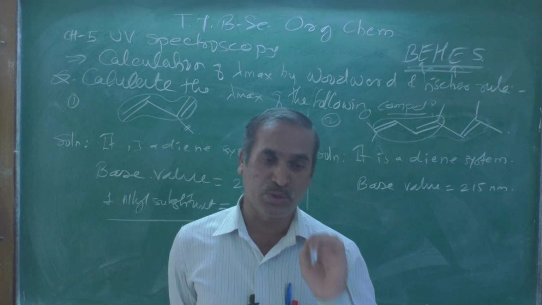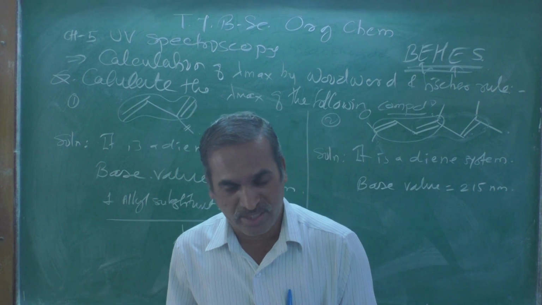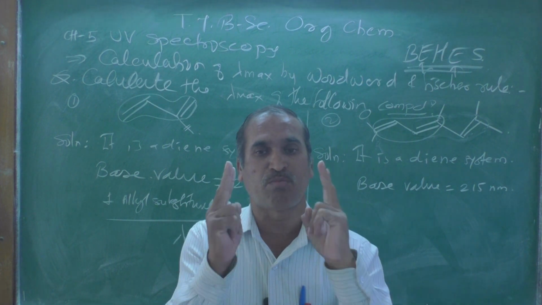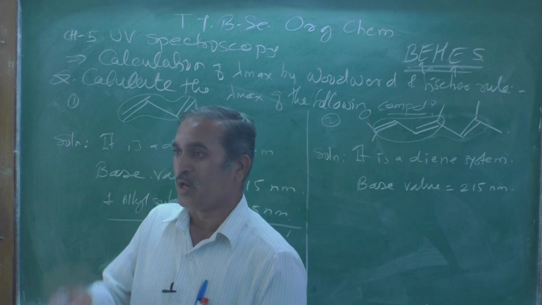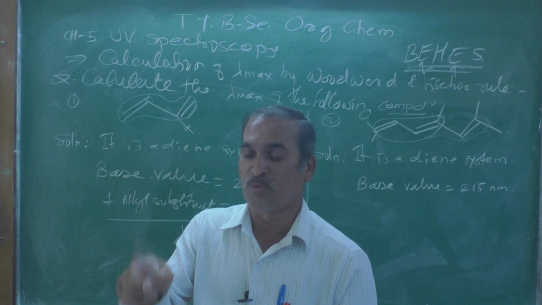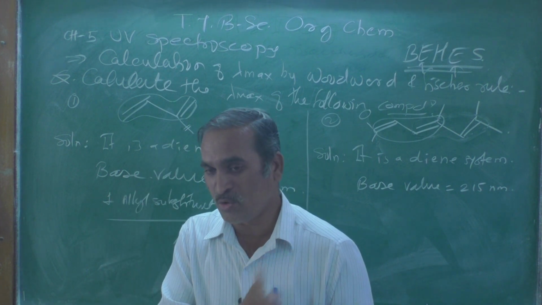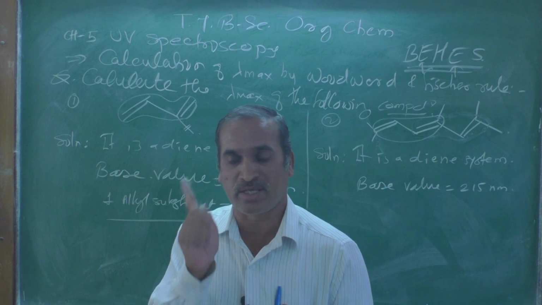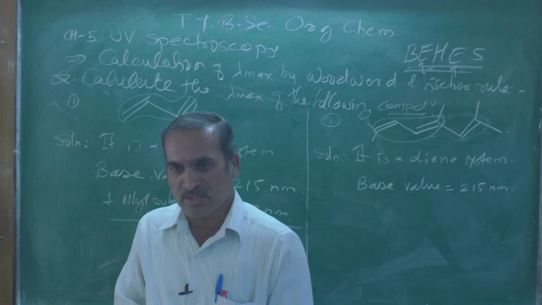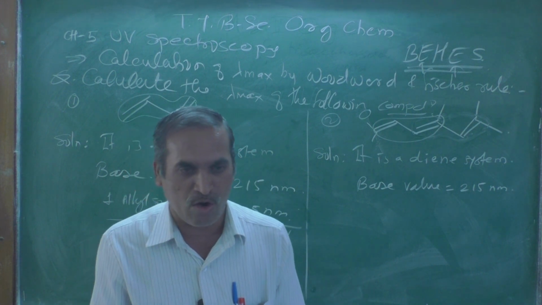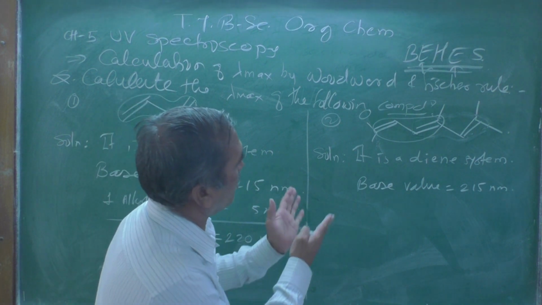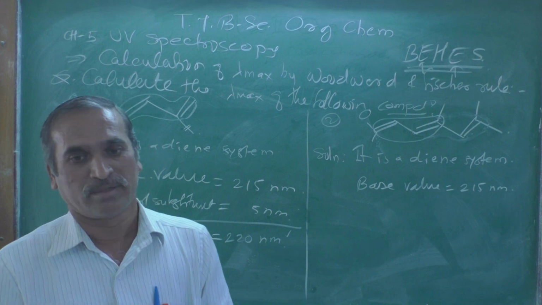As I already told you, if a ring is present, and both double bonds in the conjugation are present in the same ring, that type of system is called a homoannular system. This is not a ring but an open chain conjugated system, and therefore there is no homoannular system present here. So you should not write homoannular.